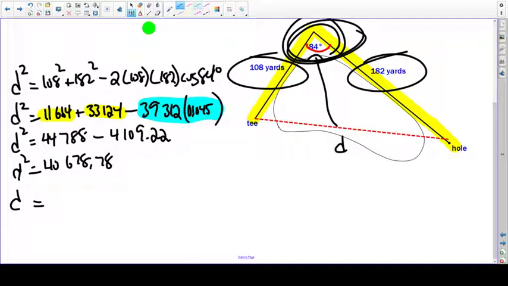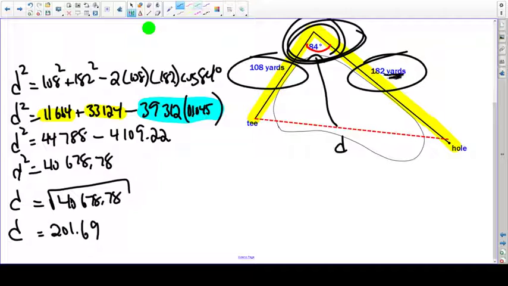The distance is going to be the square root of 40,678.78. So the square root of 40,678.78, which is 201.69, and the units we're using in this question are yards.